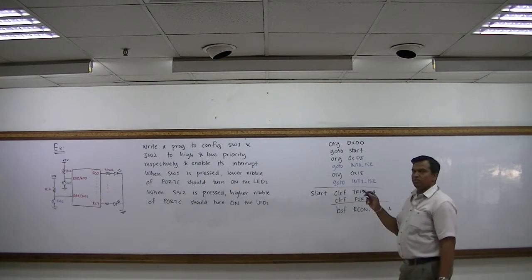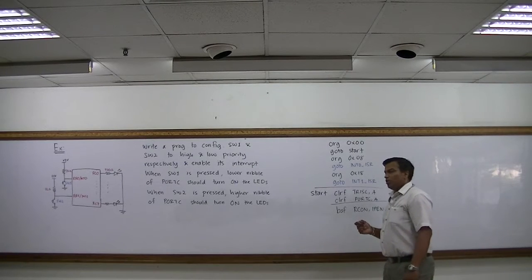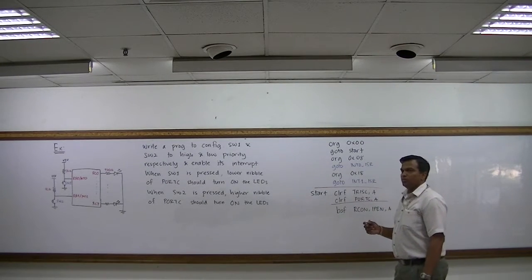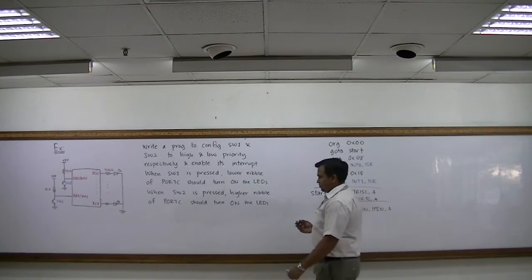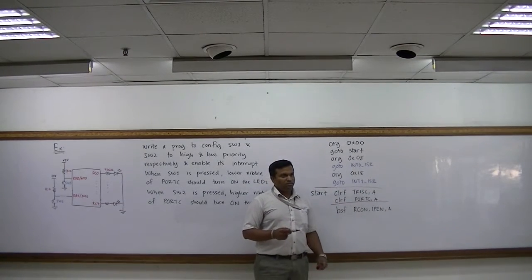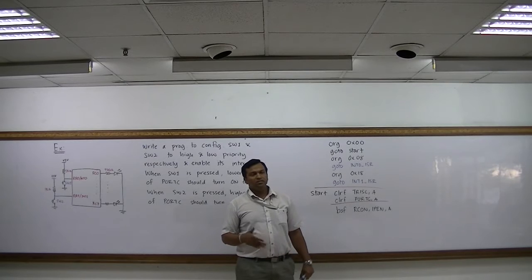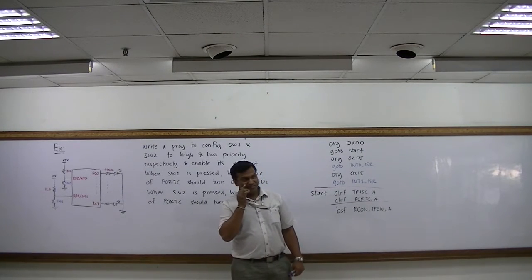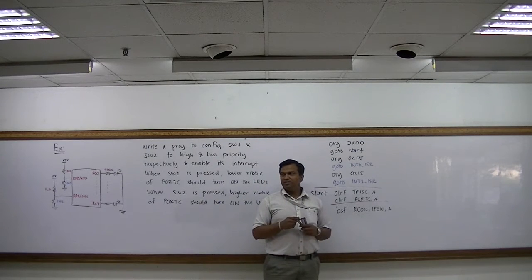What's next? You know that both interrupts belong to the core group. So you need to configure, let's take interrupt 0. What do you need to do with interrupt 0? Clear the flag bit.